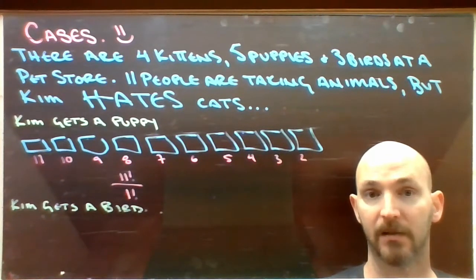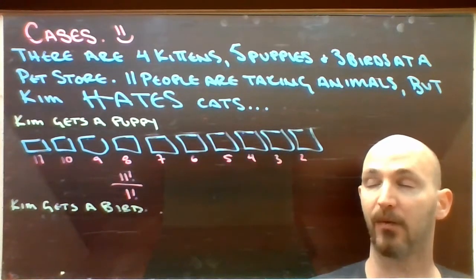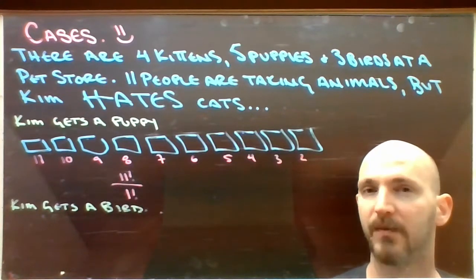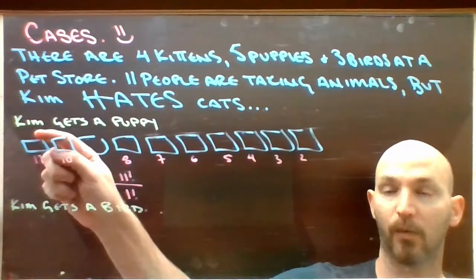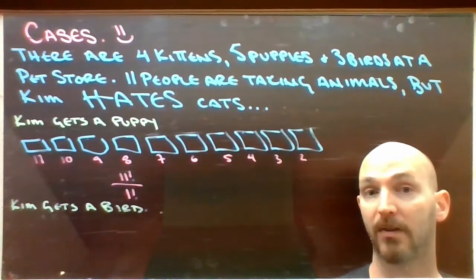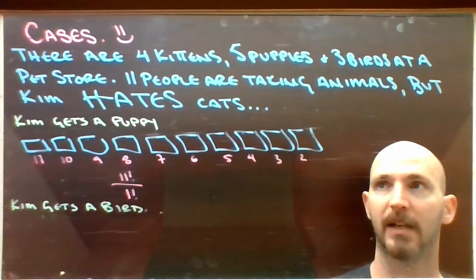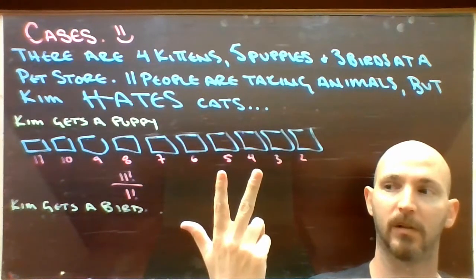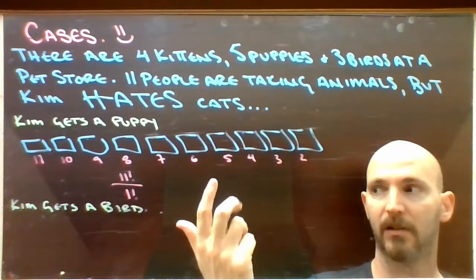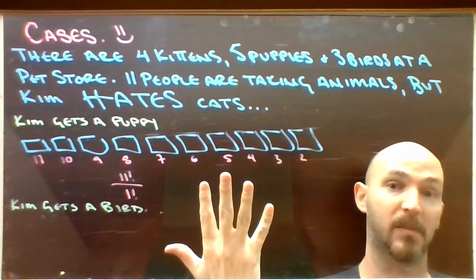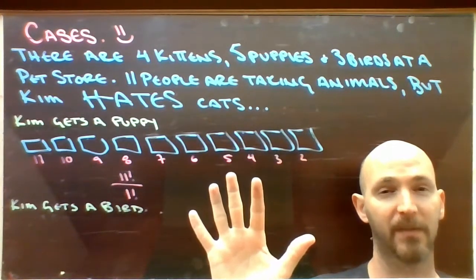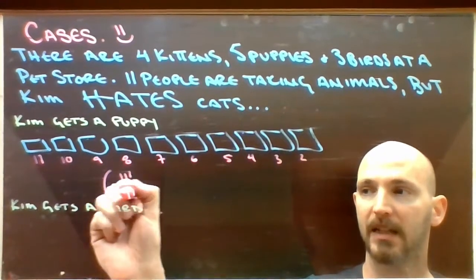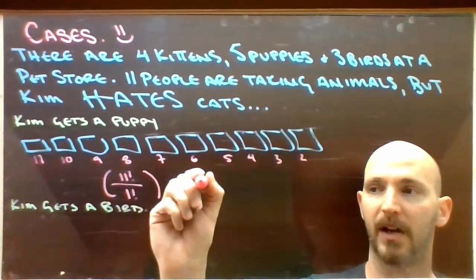So that's fine. But if we're going to treat each animal individually, then you have to consider which puppy Kim walked away with. So it is possible that Kim walked away with the Labrador, or the Poodle, or the Afghan, or the Husky, or the Mutt. So there's 5 different ways that Kim could have done that. So I'm going to have to take this and multiply it by 5.